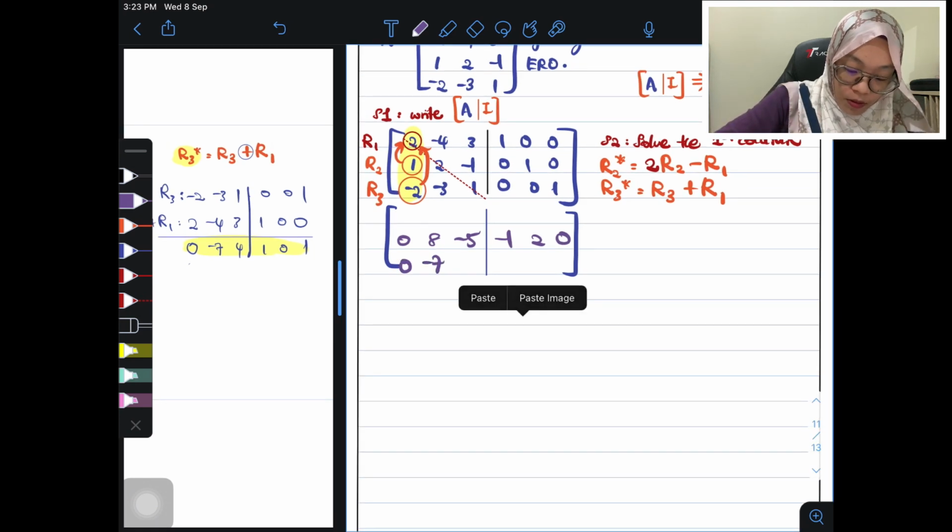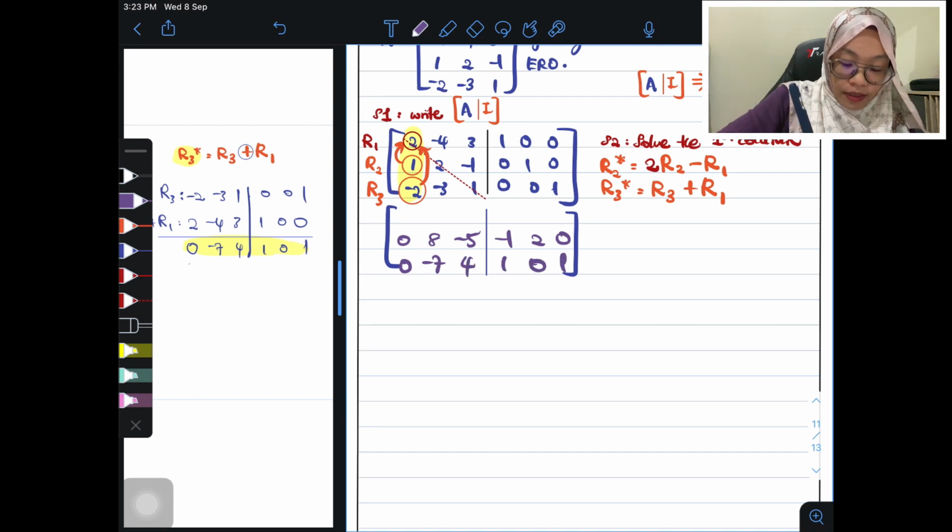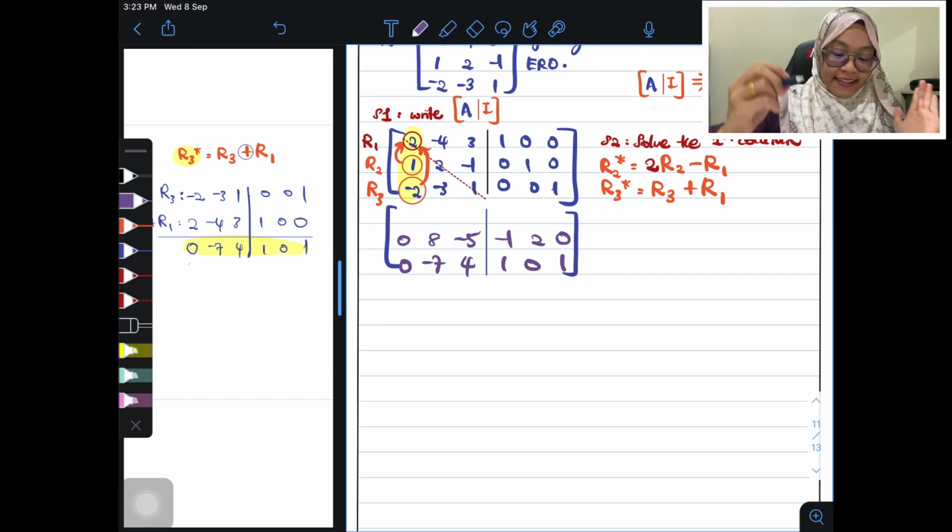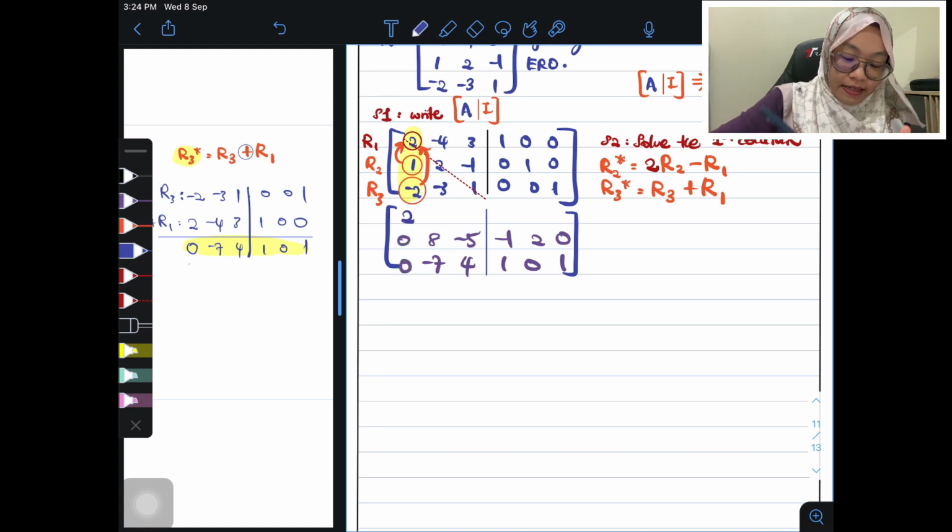It is 0, negative 7, and 4, and 1, 0, 1. Voila. So you have 0, 0 over there. It is just that yang atas ni salin semula. Sebab you tak ubah. You tak ubah apa-apa. Write it down back. So 2, negative 4, and 3.